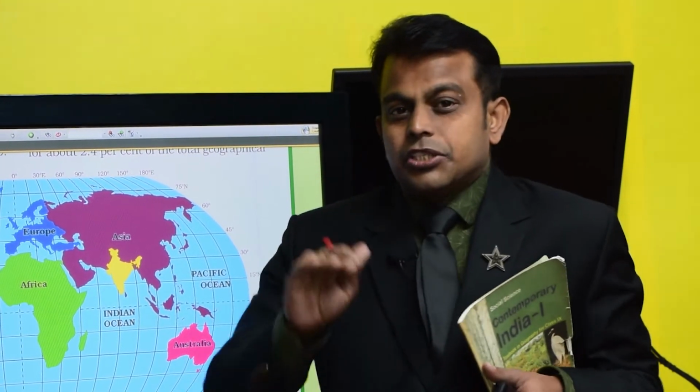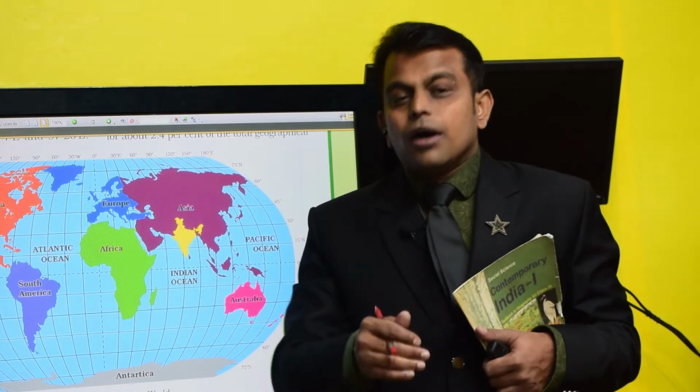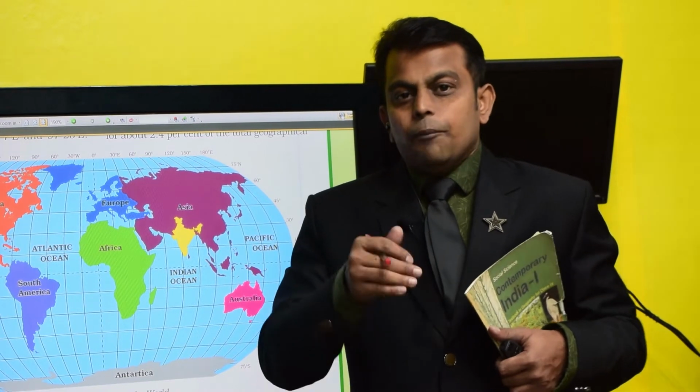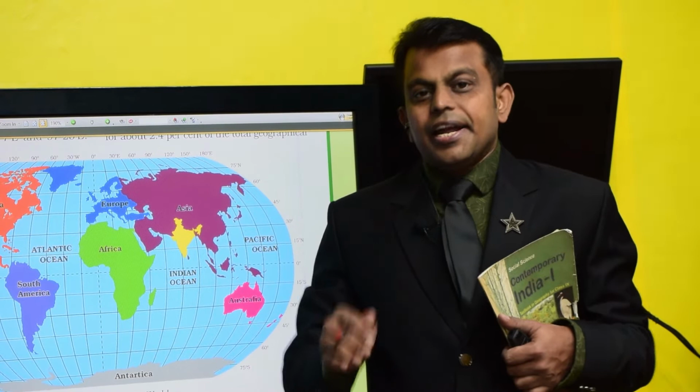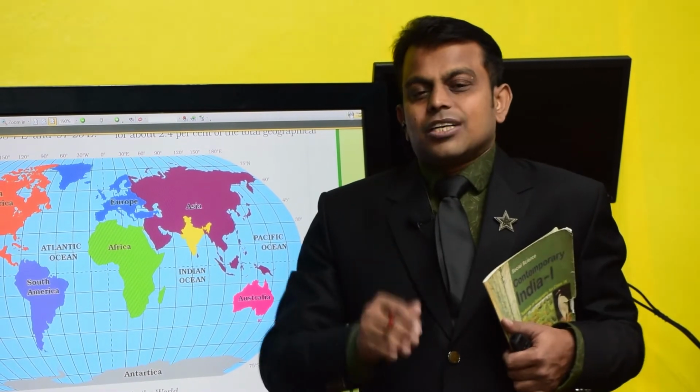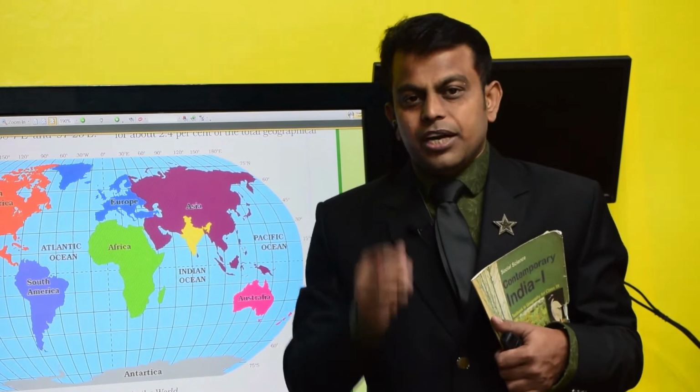India is situated in the northern hemisphere. According to geographical knowledge, to understand the position of any country, we must have the knowledge of the coordinates. Among these coordinates, a few are important: the equator passes at 0 degrees and the Tropic of Cancer passes at 23 degrees 30 minutes north.